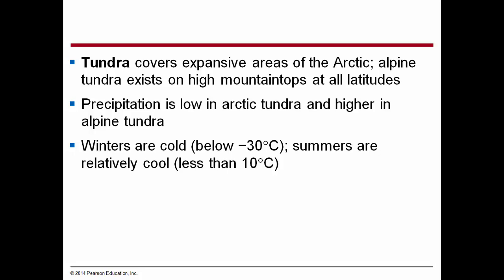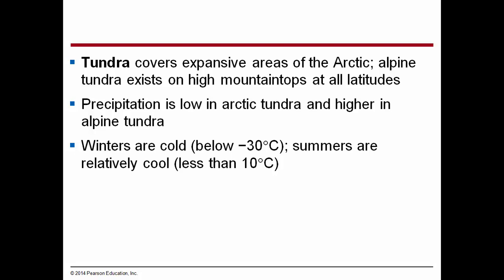The tundra covers an expansive area of Arctic and alpine regions. The alpine tundra exists on high mountaintops at all latitudes. You can even see remnants of these mountaintop tundras in Virginia. They're called mountaintop balds, and they occur around that taiga, northern coniferous forest biome that I was describing.